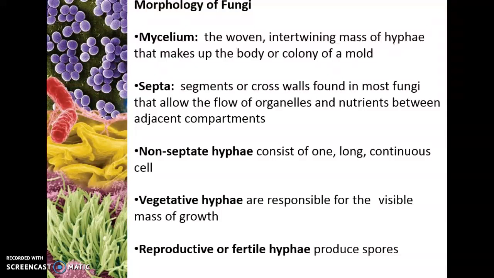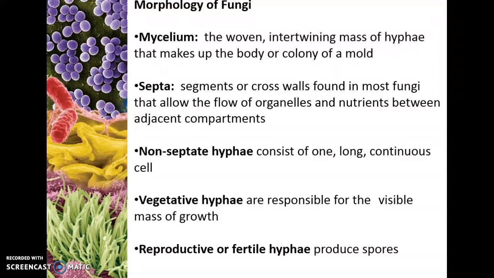All right, now a different way to classify fungi is whether or not they have septa or if they are non-septate. And so the septa are going to be cross walls found in many fungi, and this causes the hyphae to look like a long string of cells, and we'll see a picture of it on the next slide.